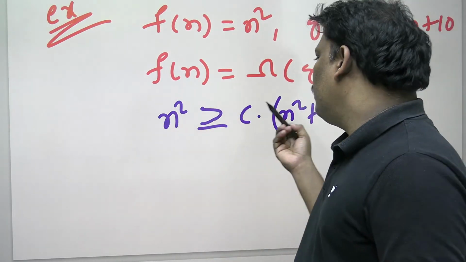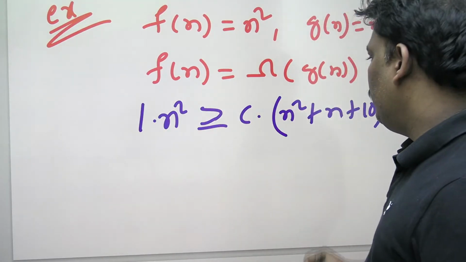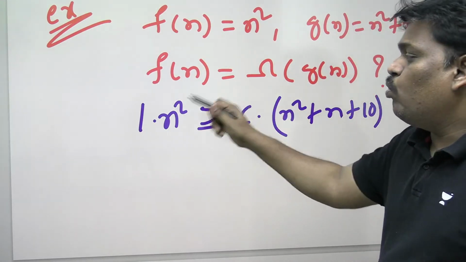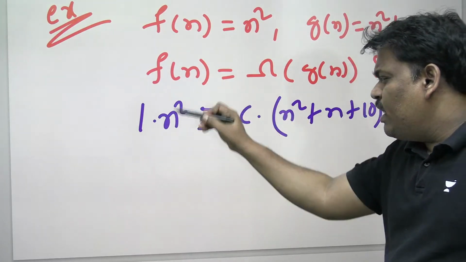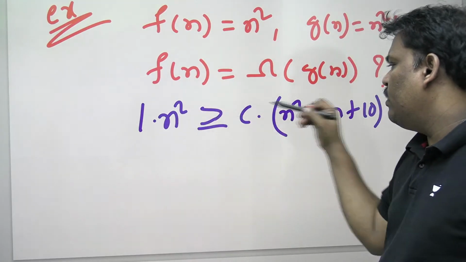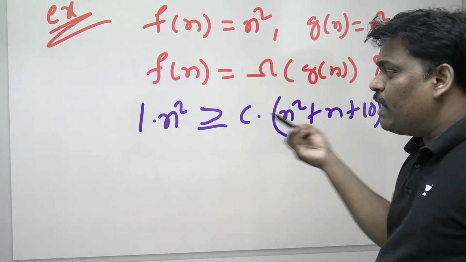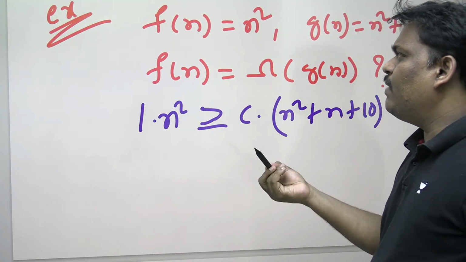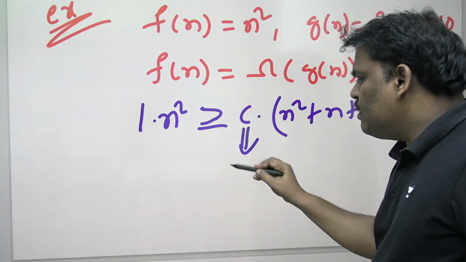Here it is 1 n square, but here n square plus n plus 10. Here only n square, but here n square plus something. So right is bigger, but I want to make left bigger. But c is there on the right side, not on the left side. So I think you can try c value 1 by 2.